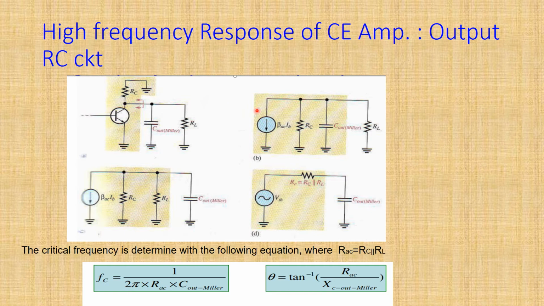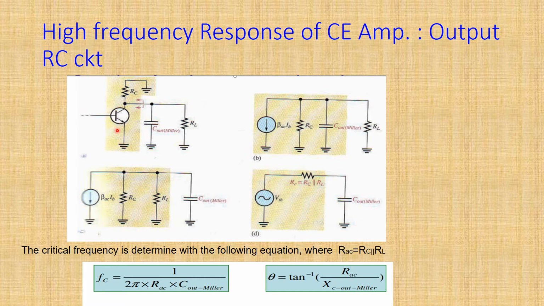Once again I am repeating, C out Miller is equal to CBC, because the gain of this particular device is positive and not negative.